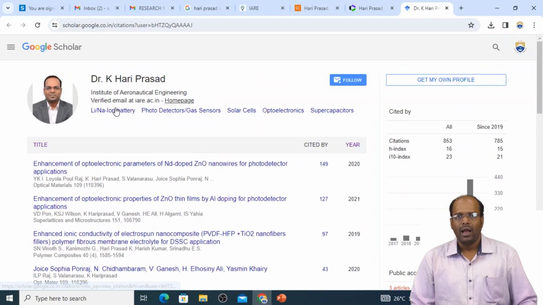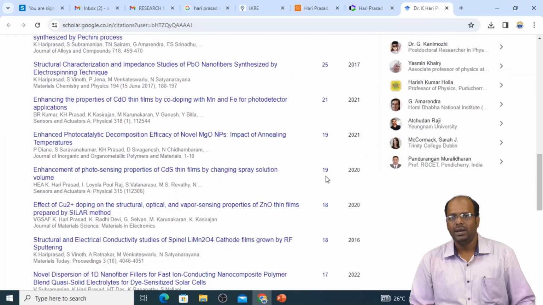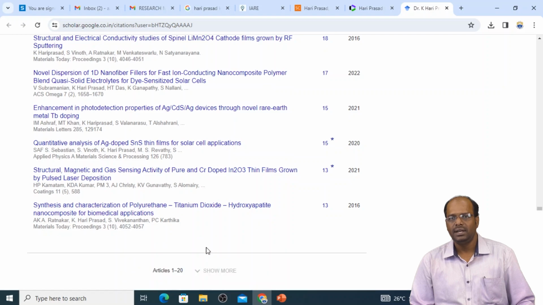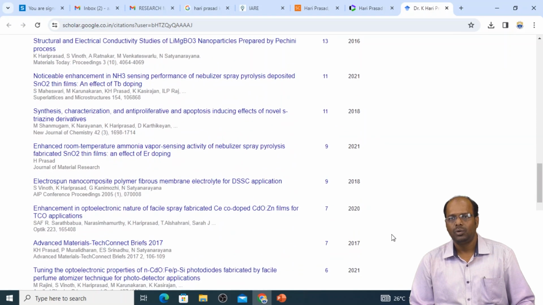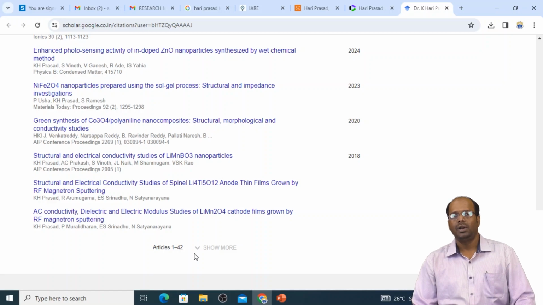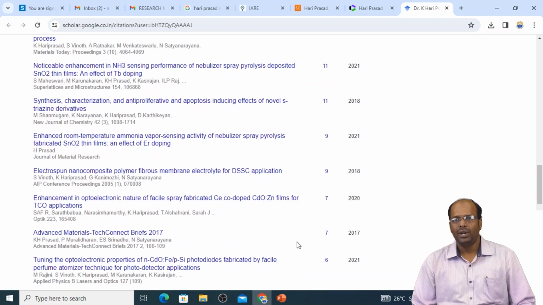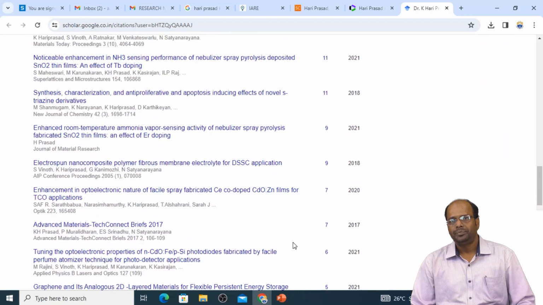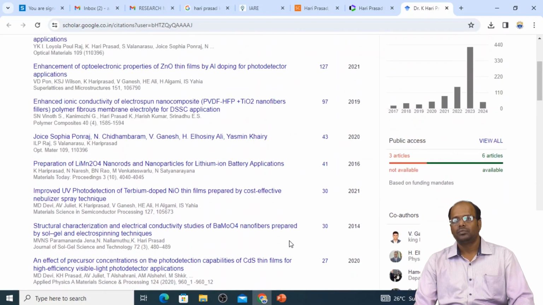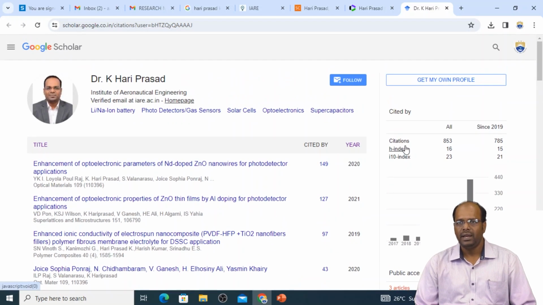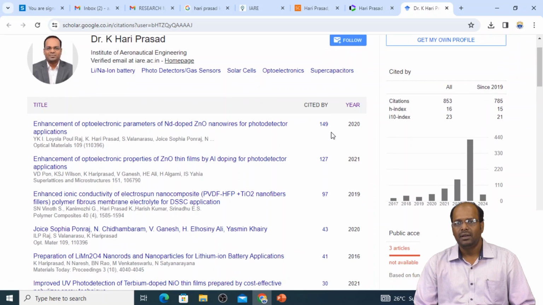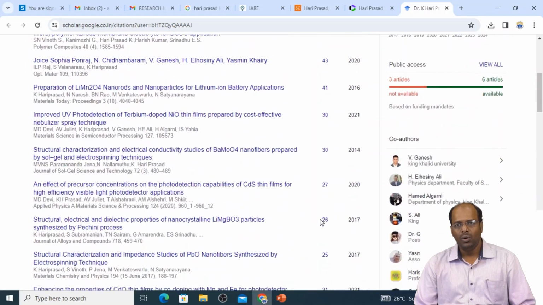Here Hari Prasad has publications. How many articles does he have? In total, 42 articles have been published. Within these 42 publications, the H index is 16. I have arranged them from highest citation articles to lowest.